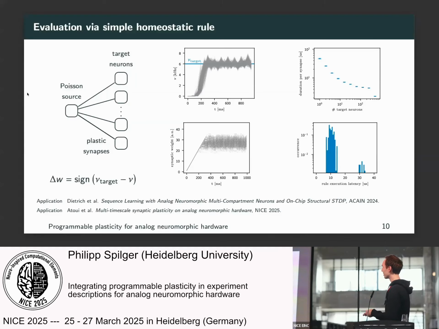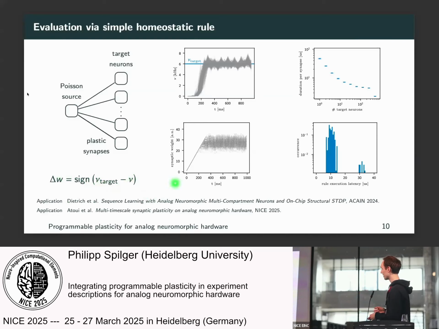This very simple rule looks at plastic synapses between one Poisson source and a couple of target neurons. And the goal is to have these target neurons firing with a constant rate. And the rule that we use is very simple. It just takes the sign of the difference between the target firing rate and the actual firing rate. And so this means each time the actual firing rate is too small, we increase the weight by one value, and otherwise we decrease it.